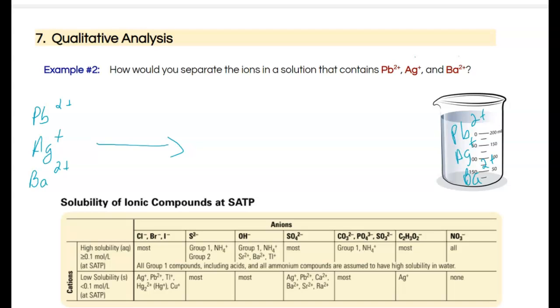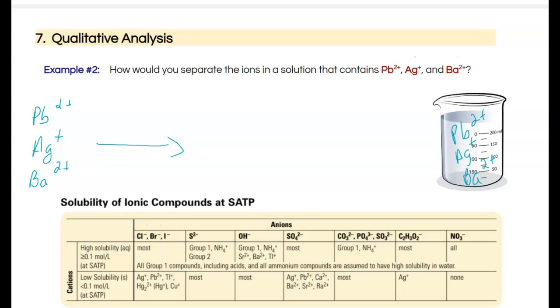So if I look at any of the chlorides, bromides, iodides, any of the halides, if I added a halide ion, then that would precipitate out silver, but it would also precipitate out lead at the same time. So that's no good, because then these two would be stuck together and I wouldn't be able to separate them once they're in solid form, right? So that's no good. I can't use chloride.